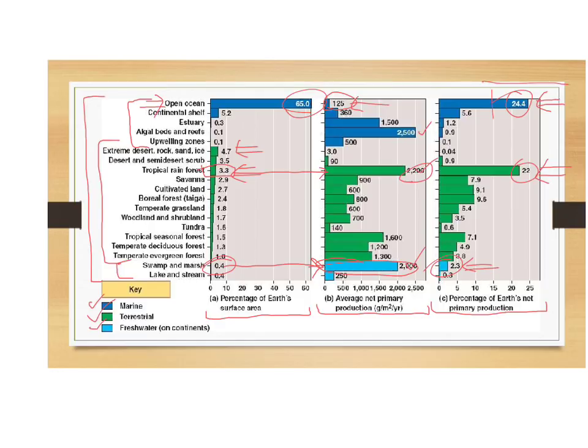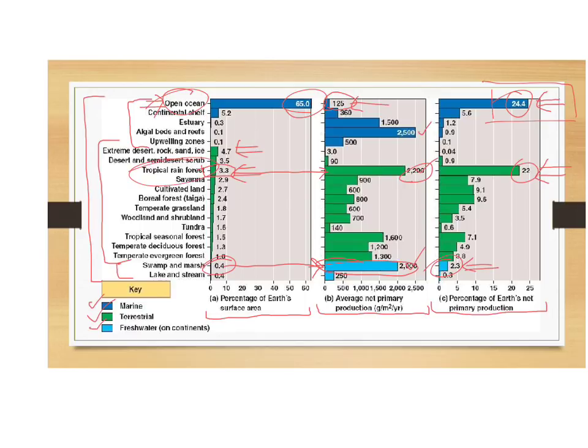So the only way that I've ever seen this asked on the exam is really about the open ocean here. First off, if they're asking you a question, pay very close attention to whether or not they're asking you about aquatic ecosystems or terrestrial ecosystems. If they're asking you about aquatic, they're probably going for open ocean.